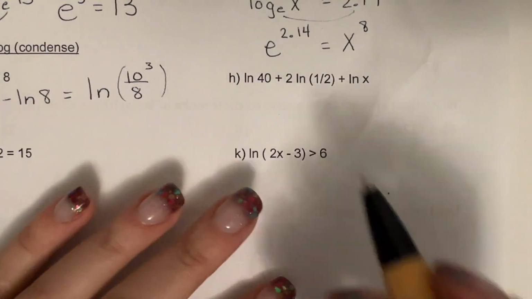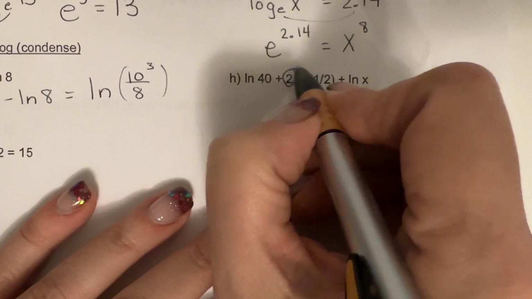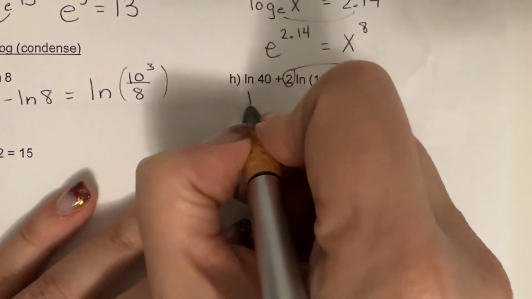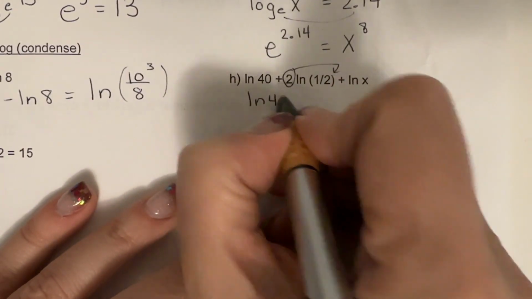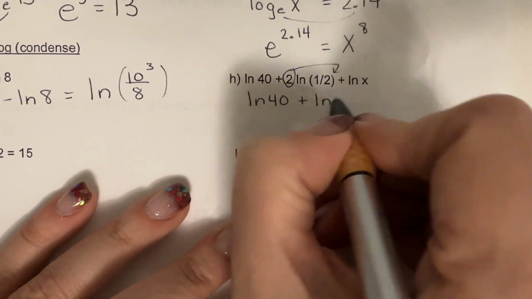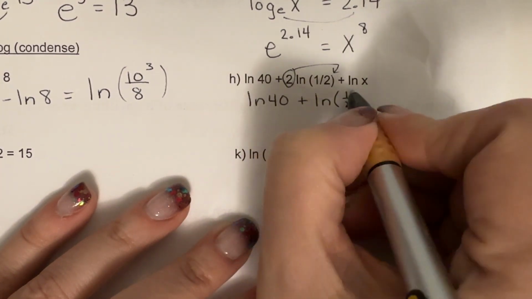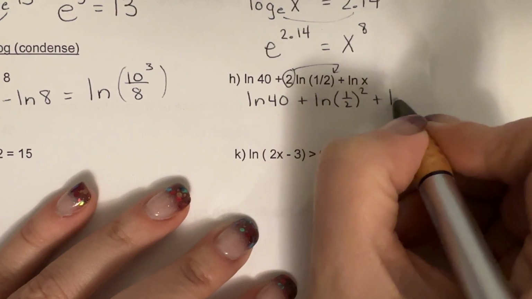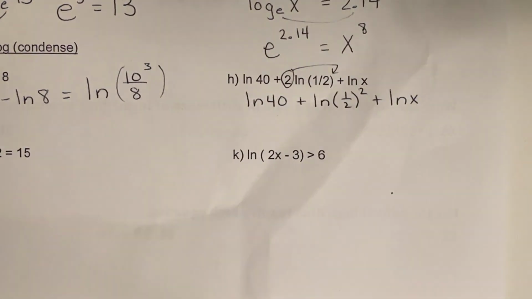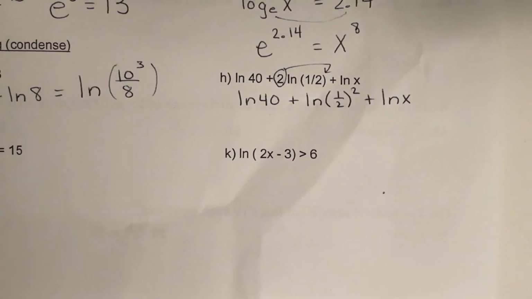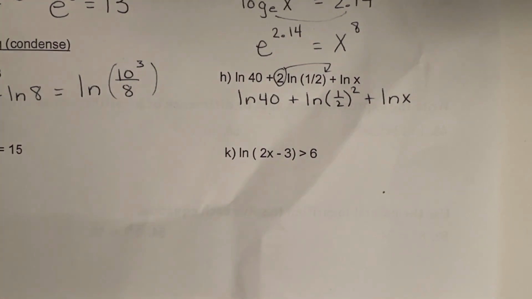All right, let's try another condense. I see a multiplier, that's got to go up to be an exponent. Okay, before I put everything together, remember, check to make sure which natural logs are positive.